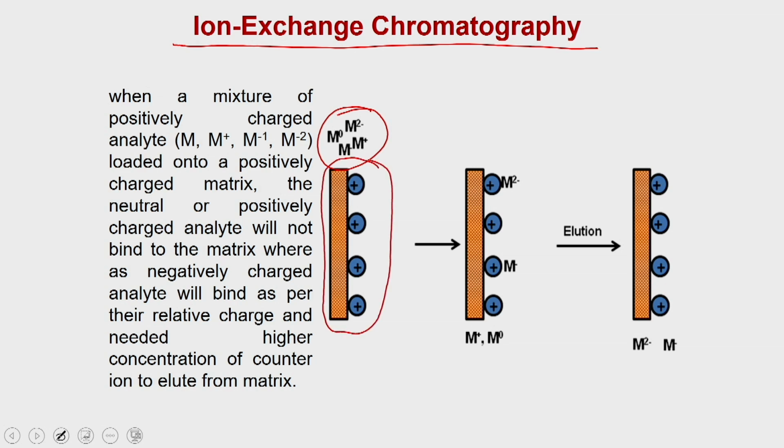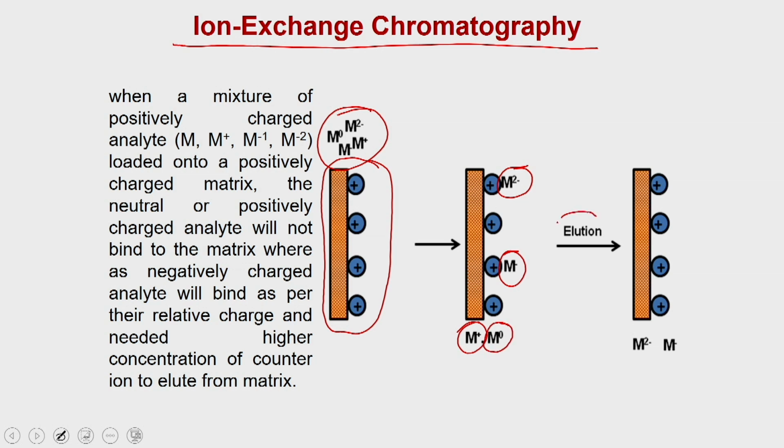When you inject the mixture, M2 minus is going to bind to the first layer, whereas M minus is going to bind to a lower level, whereas M plus is not going to bind because the matrix is also positively charged, and M0, which does not contain any charge, is not going to bind to this particular matrix.